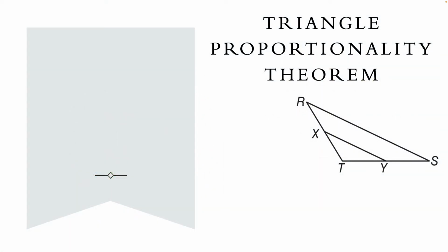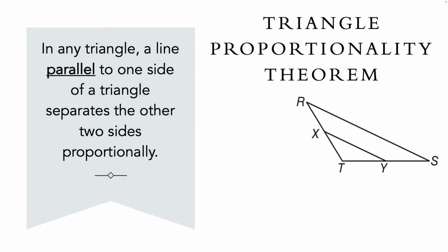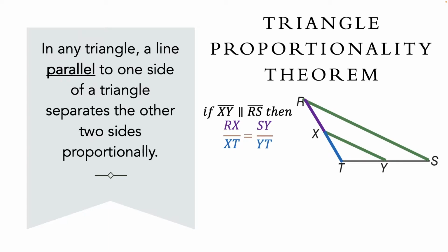The triangle proportionality theorem says that in any triangle, a line parallel to one side of a triangle separates the other two sides proportionally. So let's break that down a little bit. If XY is parallel to RS, so I've got those green lines there, that means that RX over XT equals SY over YT.